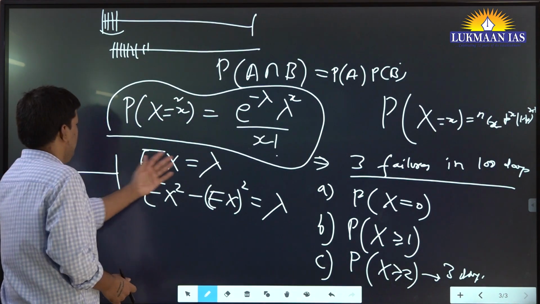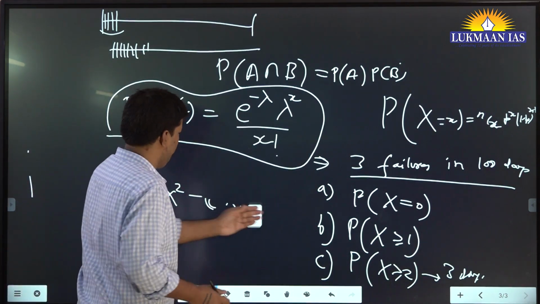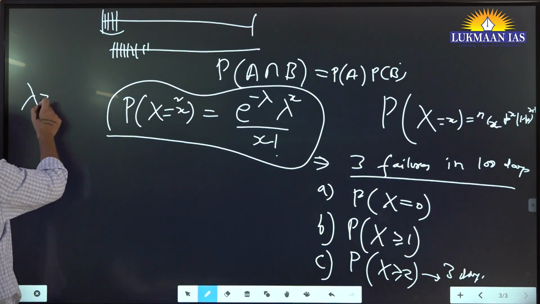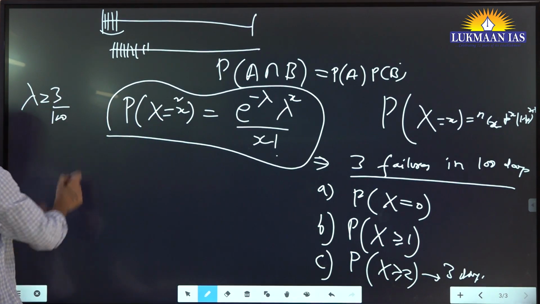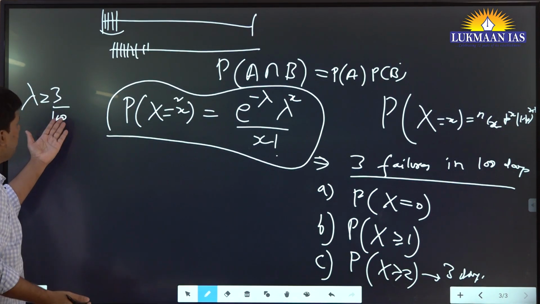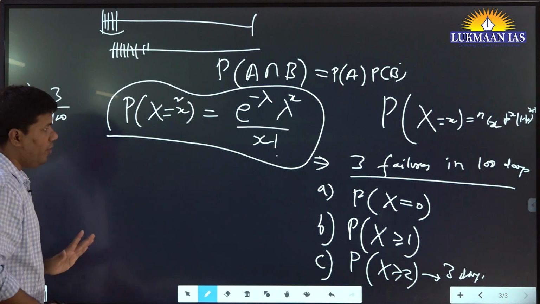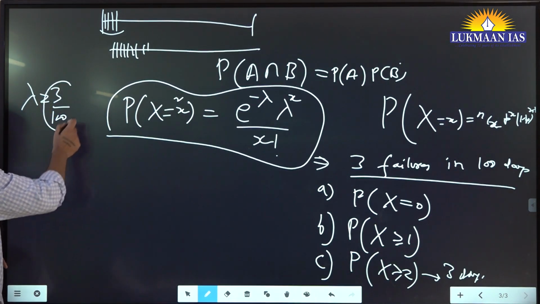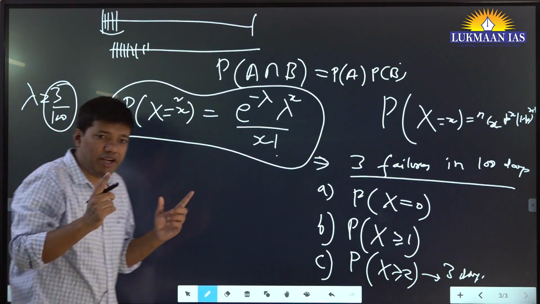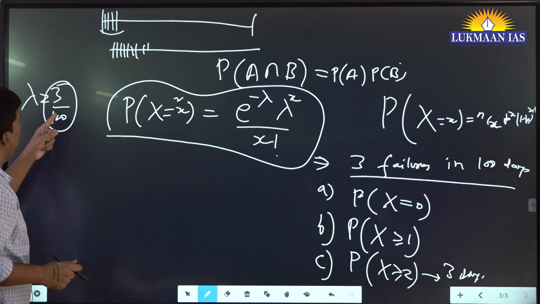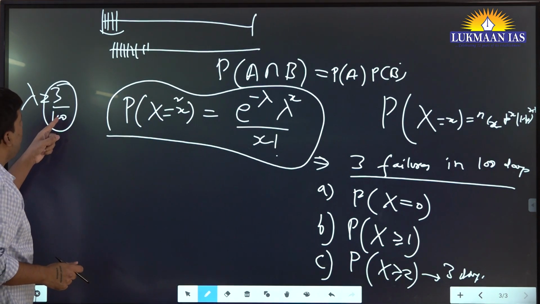Tell me, what is your lambda? 3 upon 100, right? That is the average rate. How do you define lambda? It is the mean, and the mean is 3 upon 100. Any problem? And this gives you the average rate on what duration? On 1 day. How many failures will occur on 1 day?